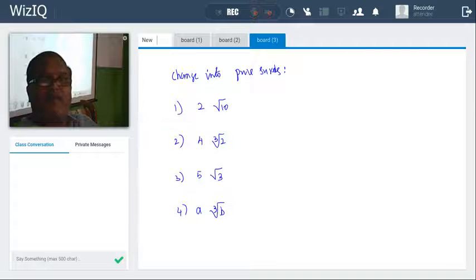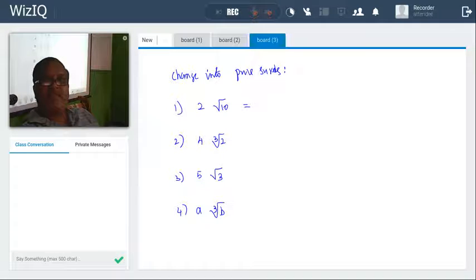Okay? How much is the answer? Square root of 2 square into 10, which is equal to square root of 40. So this is how much?